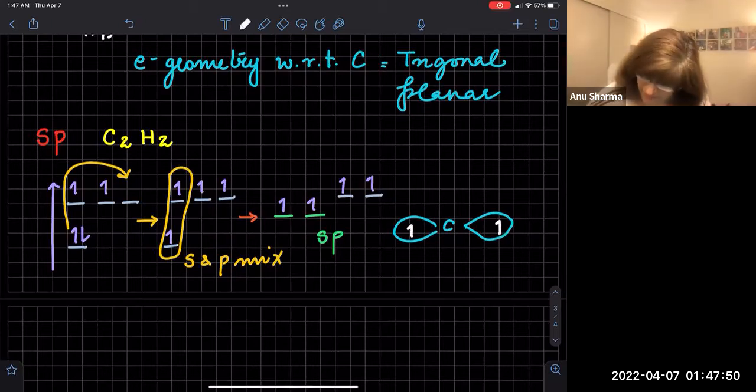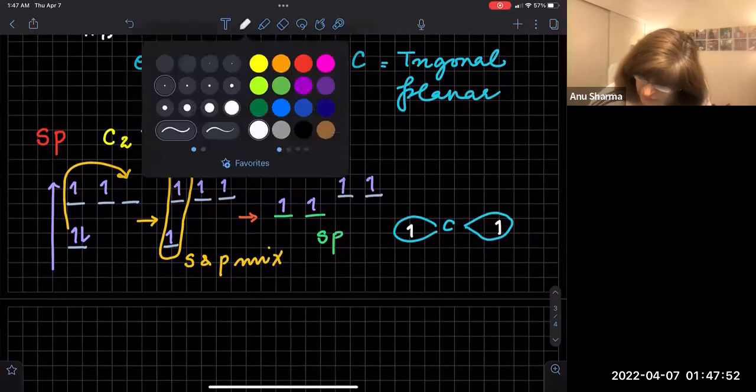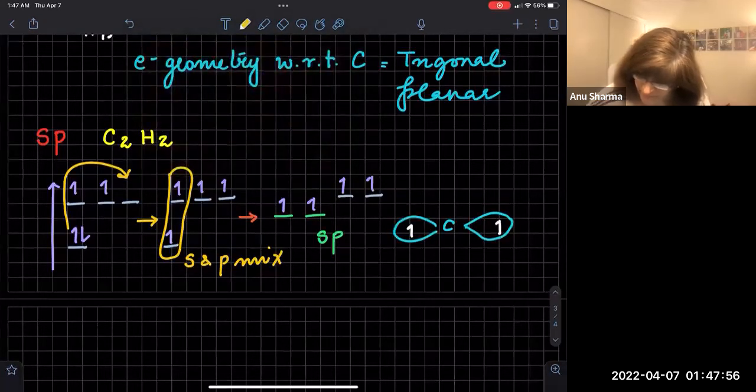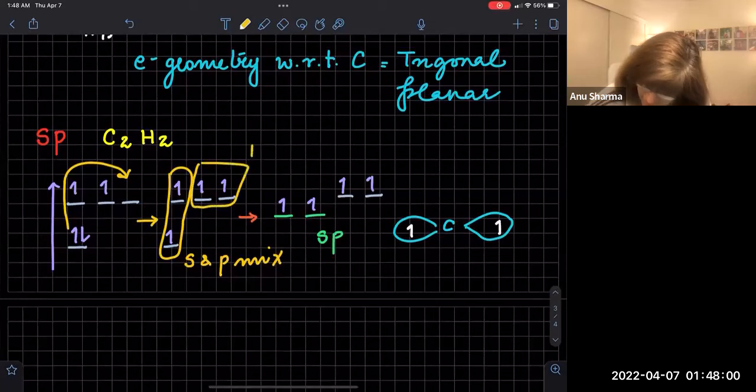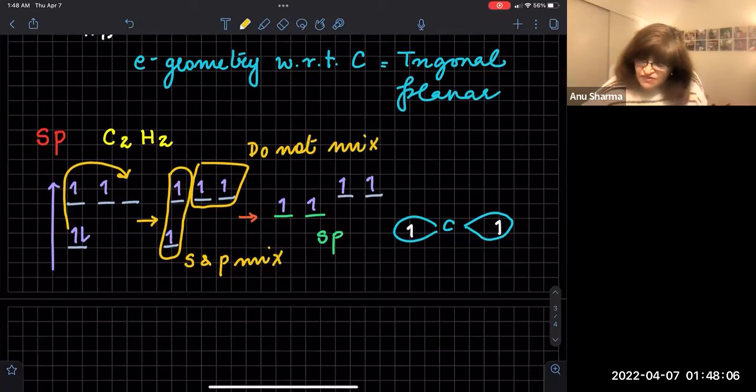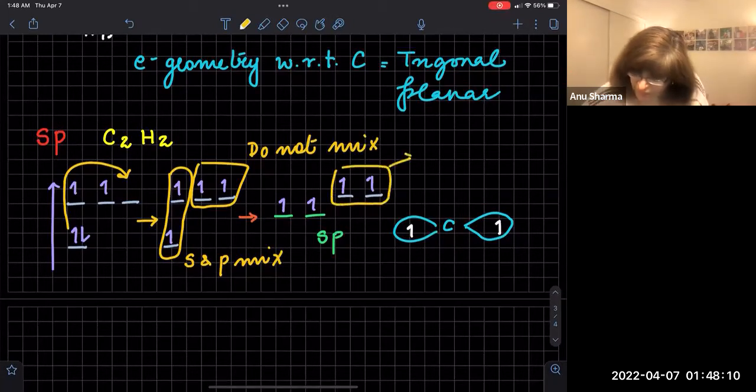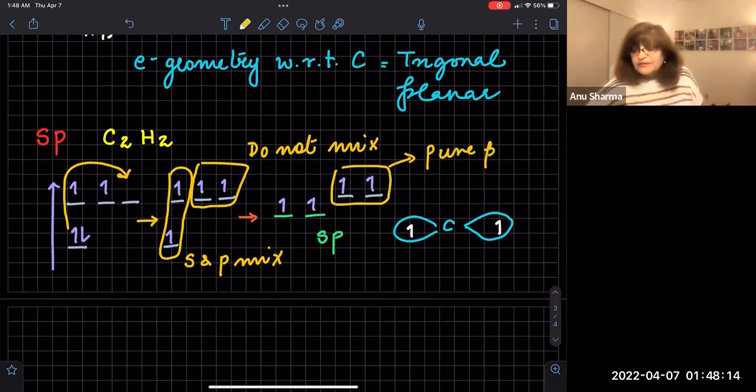These guys remain as pure p's. These do not mix, and hence these two remain as pure p, and that means they're going to be overlapping on the side.